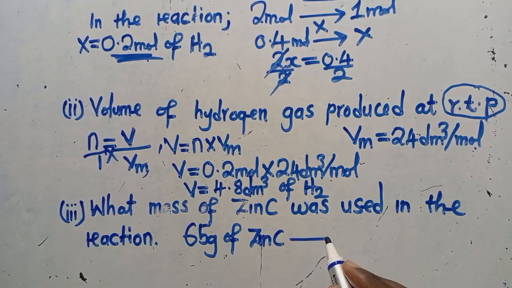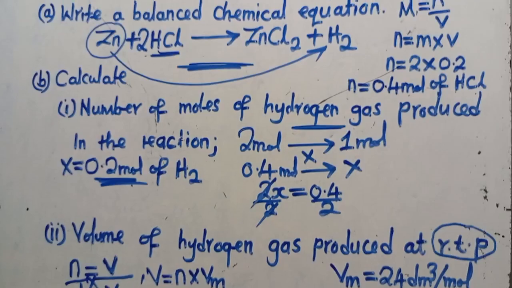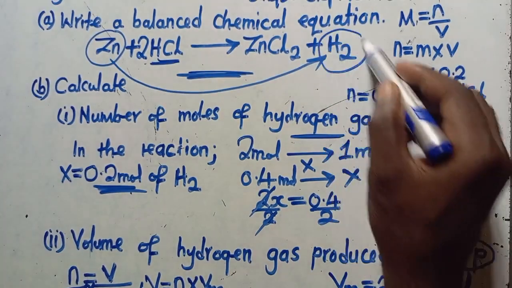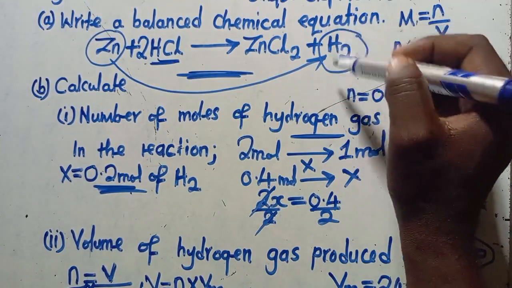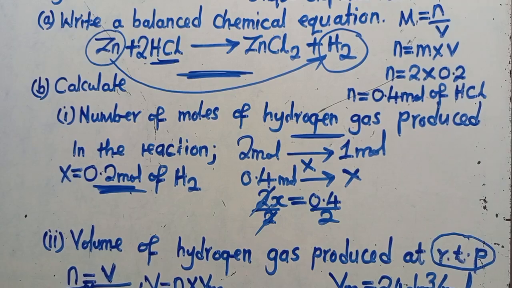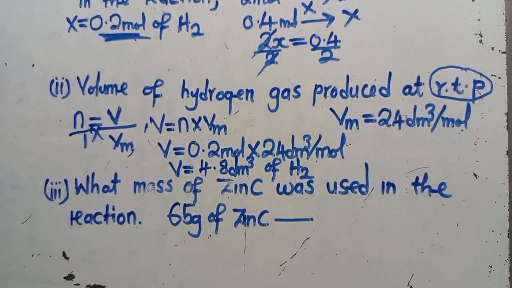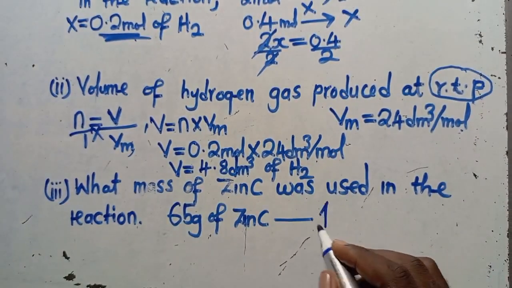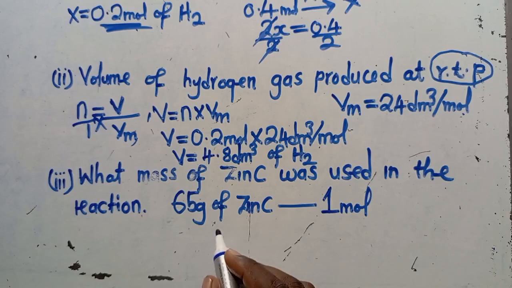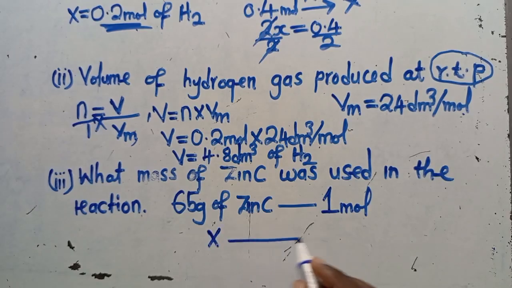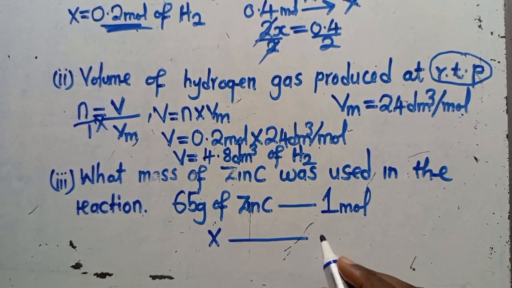Then I equate to the number of moles for hydrogen. The number of moles for hydrogen is just 1, so I put 1 here. So I say 1 mole, then I put x, and I equate to the number of moles for hydrogen, which was 0.2 moles.